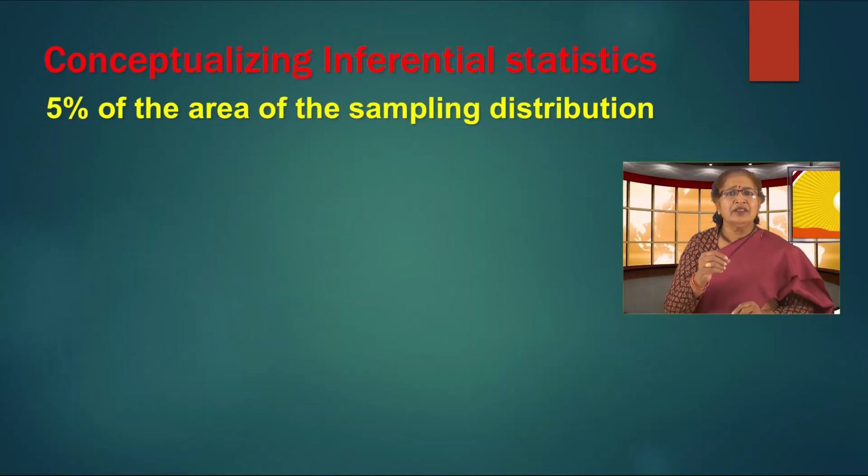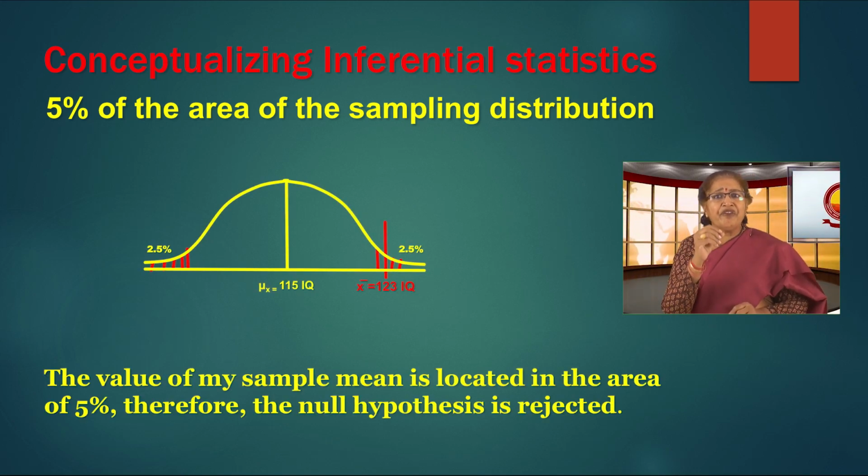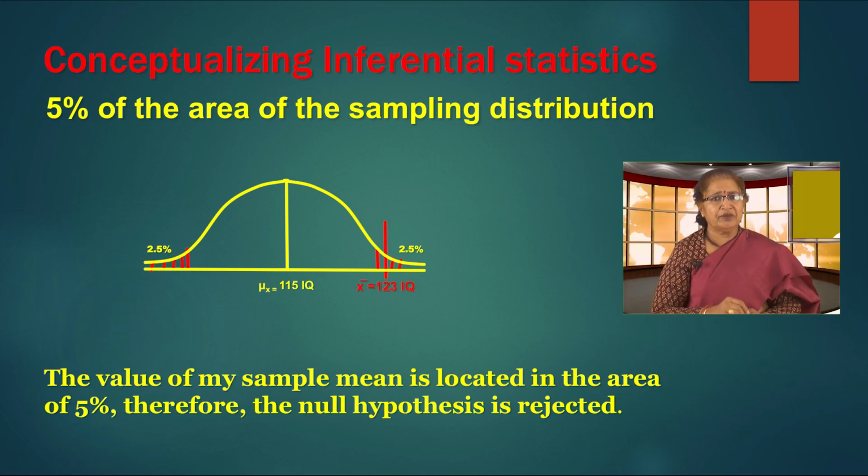The logic in rejecting the null hypothesis is this: a sample mean this deviant would occur less than 5% of the time.